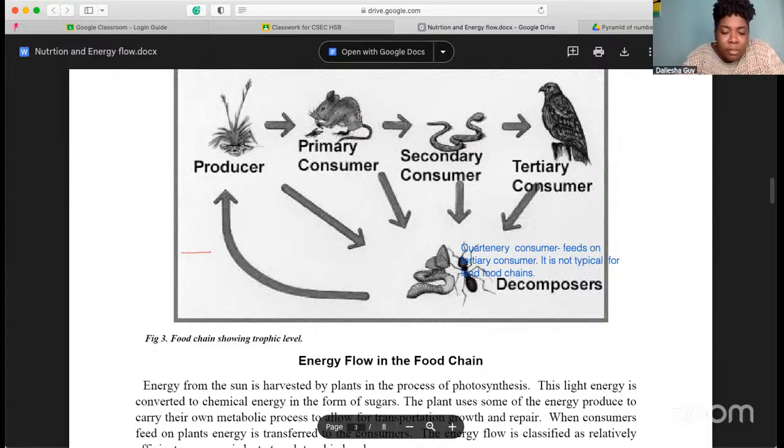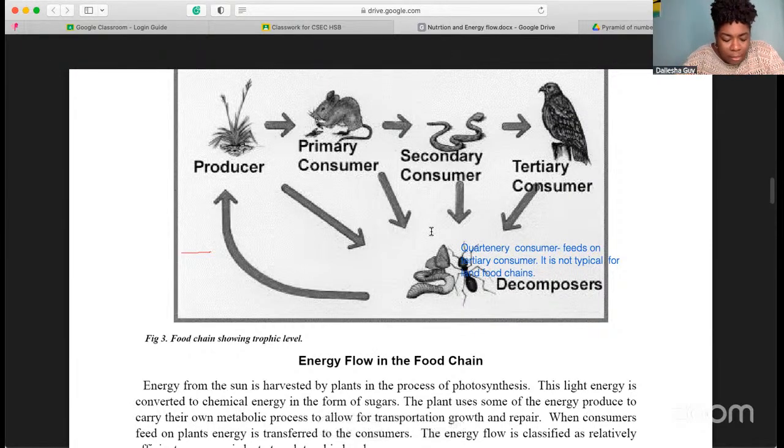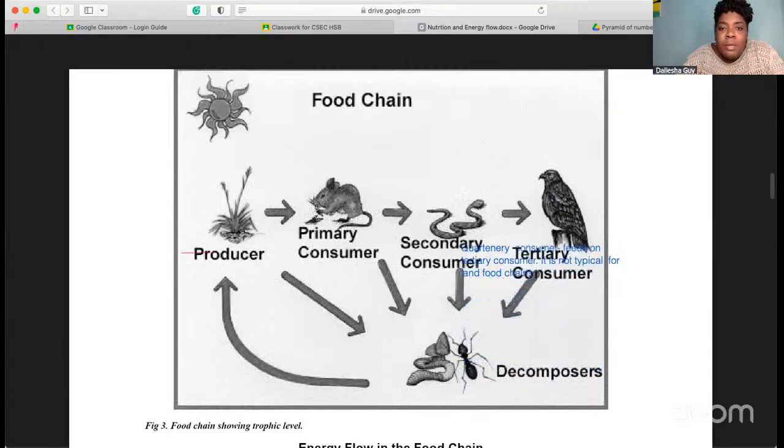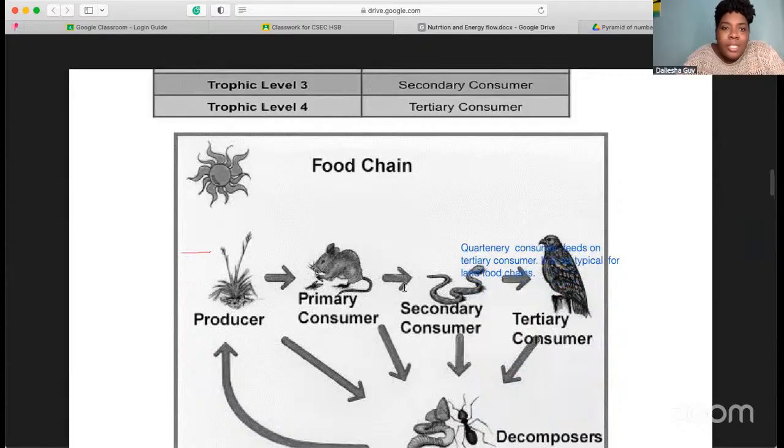They release nutrients from the organisms back into the ecosystem. All right, so note that. And then we have the chain, as I was mentioning before, trophic level 1, 2, 3, 4.